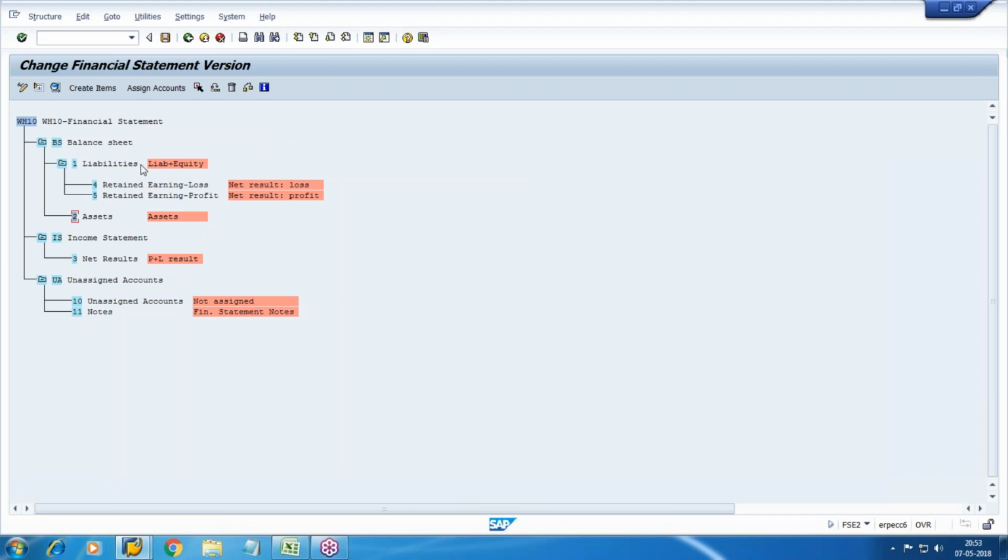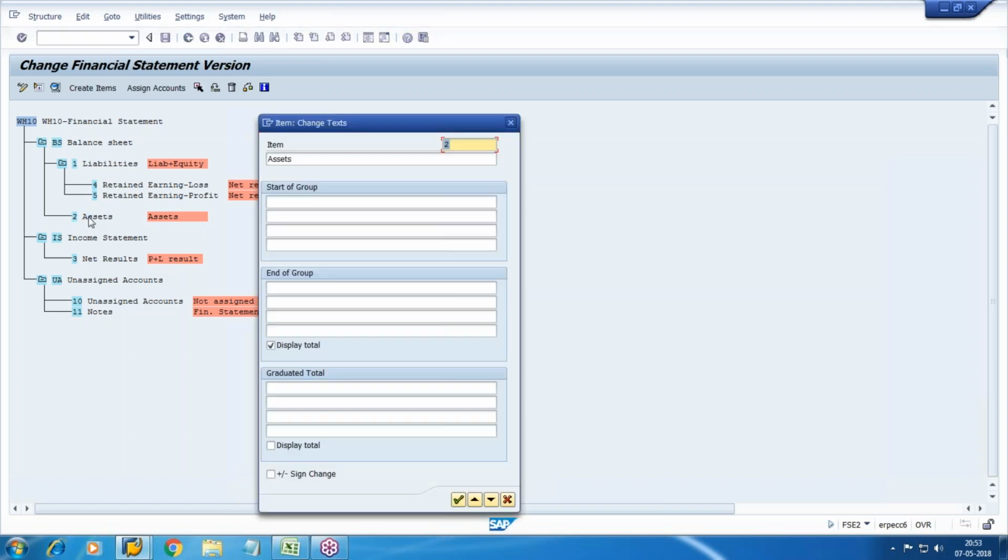Okay, 3 4 5. Okay, we'll see. So net results. Okay, now let's expand this one. Asset, double click.